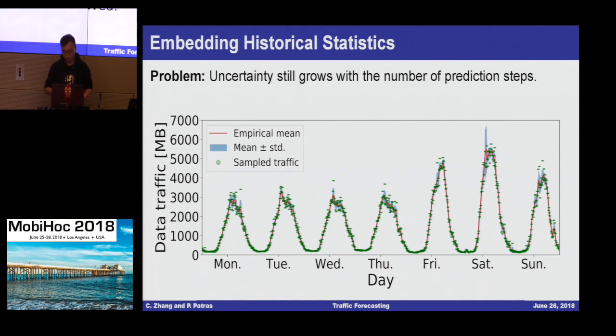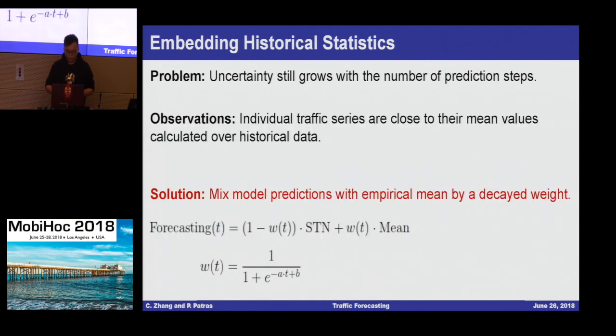So it can improve the accuracy. In order to embed this mean value, we mix our model prediction with the empirical mean by a decay scheme. The equation shown here is that the forecast at time t will be a weighted combination of the output of STN and this mean value, and the weights sum up to 1. The weight applied to the mean value is a C1 function, and it has A and B as constants.